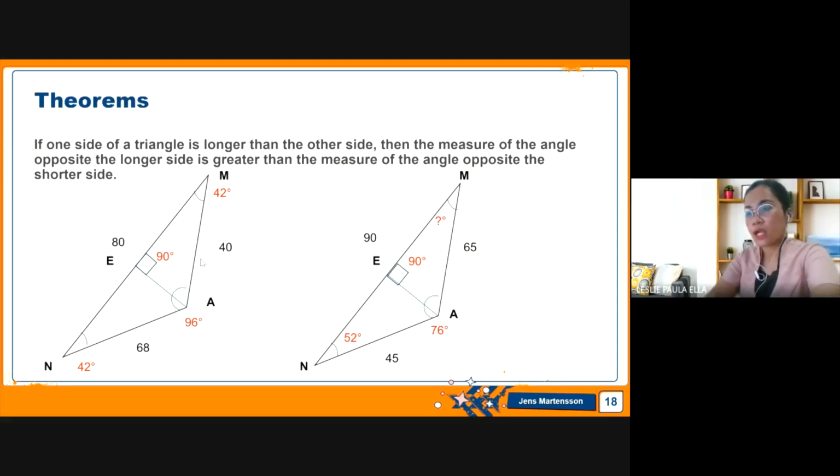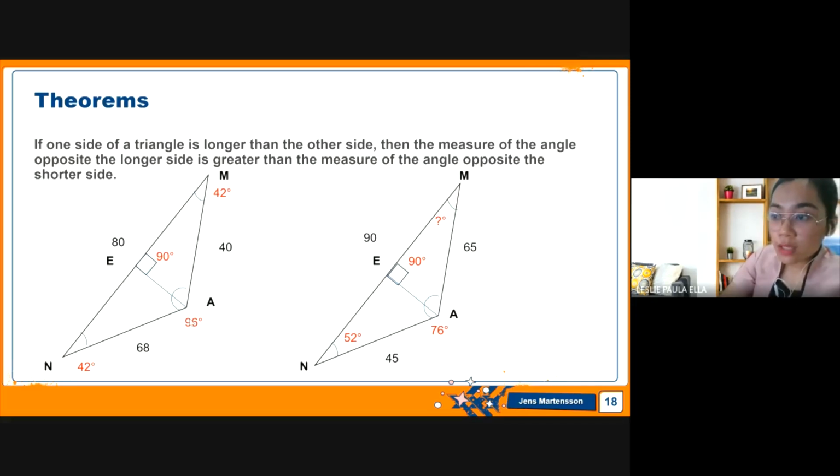It is said that line MN is greater than AN because we have here the value of 80 as line MN, and the value of line AN is 68. So what makes line MN greater than line AN?